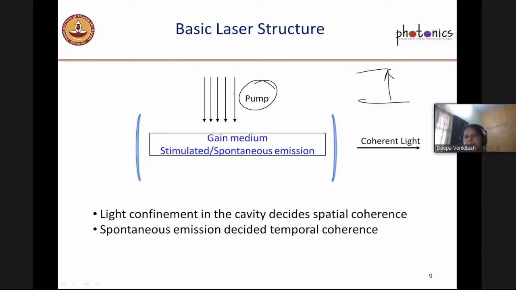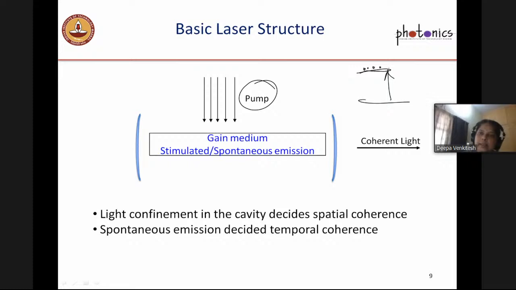In all the lasers that are used in LIGO, it is again an optical pump, right? That pump simply means that it provides a large amount of energy for the ions to get excited into the excited state.